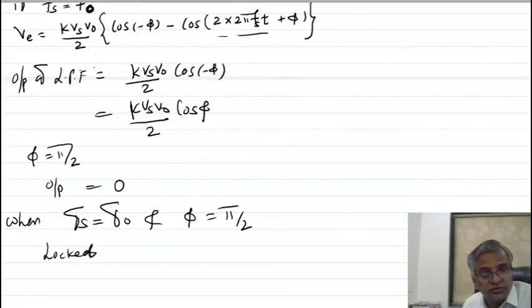So this is the main condition to get perfect lock: the frequency of the input and the frequency of Fo should be equal, as well as the phase between these two signals should be pi by 2.